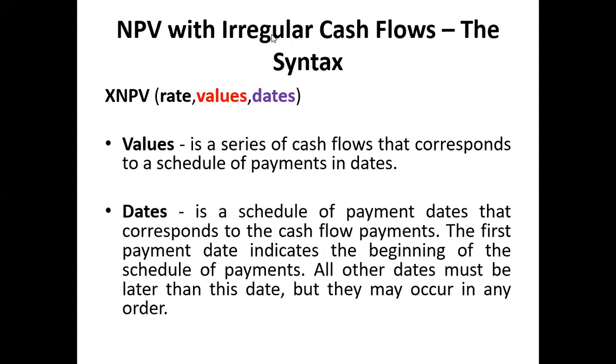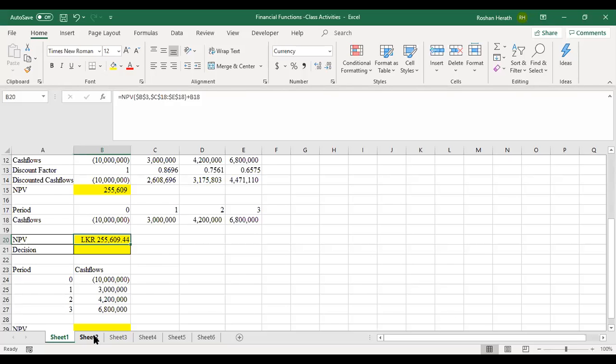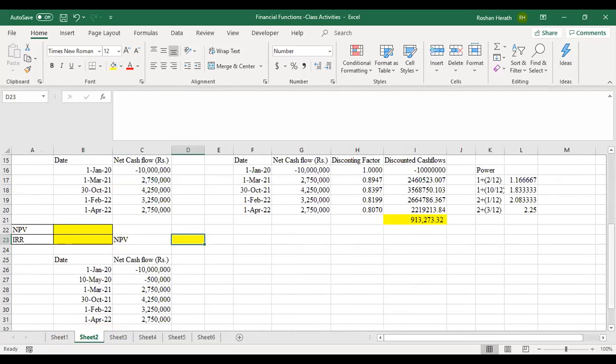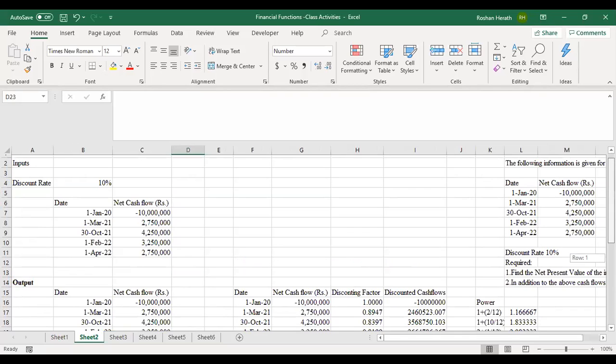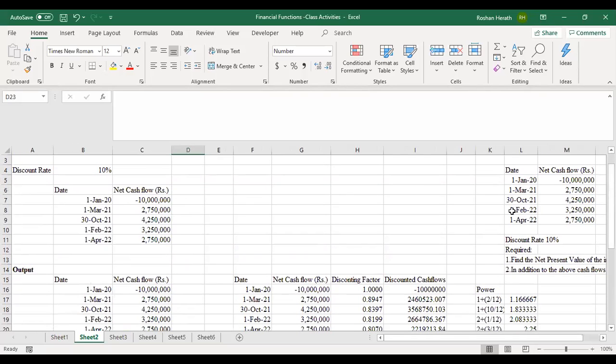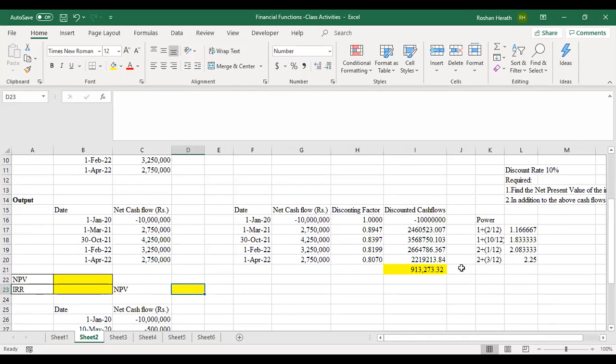Just to take you through that particular activity. There you were given some cash flows together with the dates, and the underlying discount rate was given. Here also I worked this both in the manual way as well as using the functions.